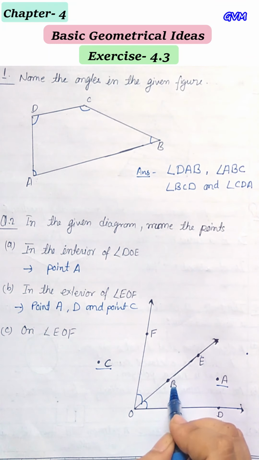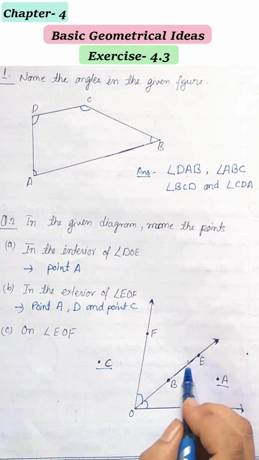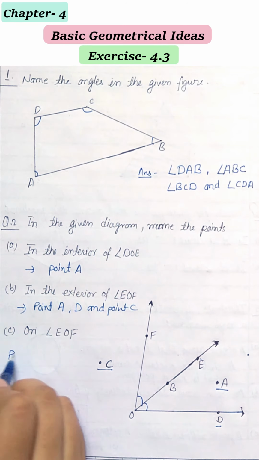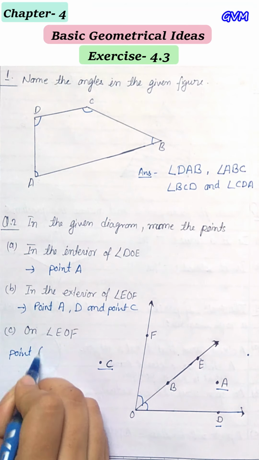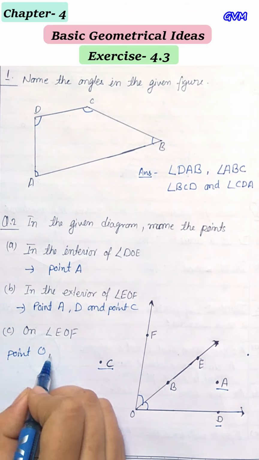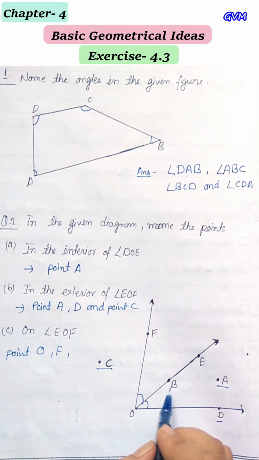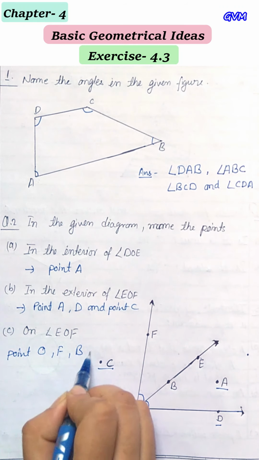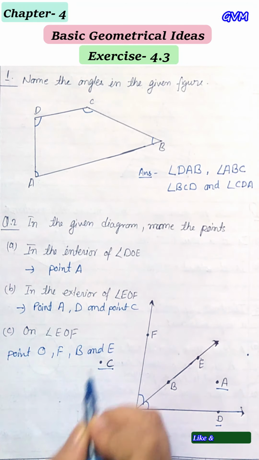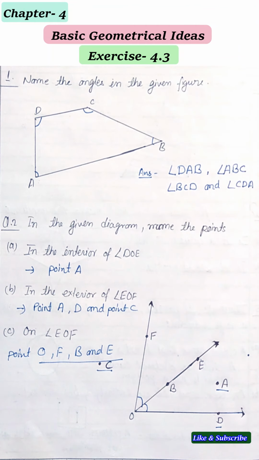That means we have to write those points which are on these rays. So these points are point O, point F, B and E. So this is the answer.